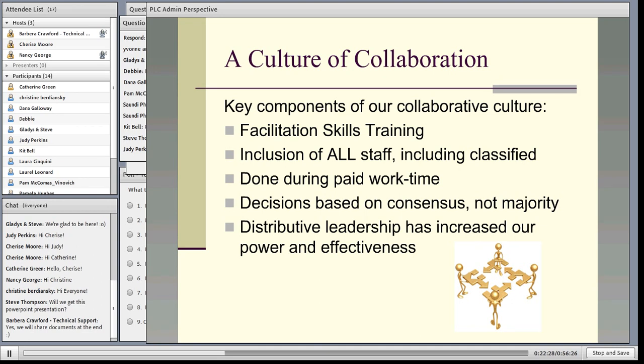But it was really critical after that, as an administrator and with my leadership team, to think about, okay, so now what do we do to keep the momentum of this workshop going? Because we all know a workshop doesn't do it. So we really started to think about, if we really want to embed that culture of collaboration, what are the things that we need to do to keep it going?